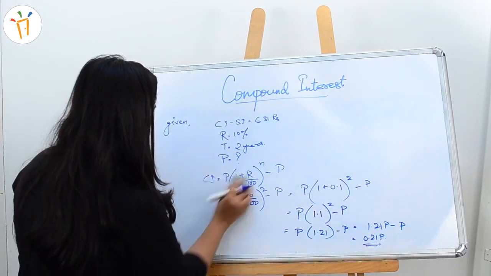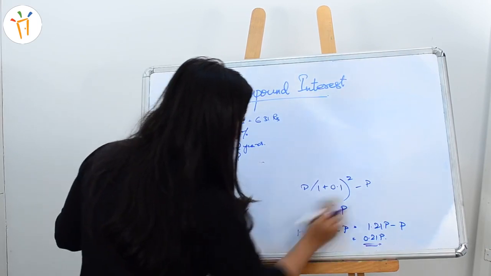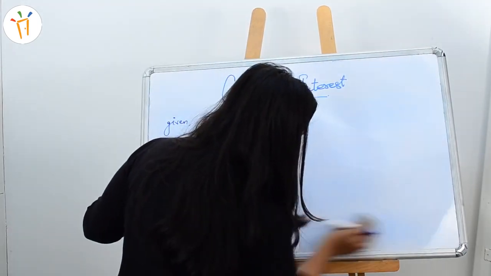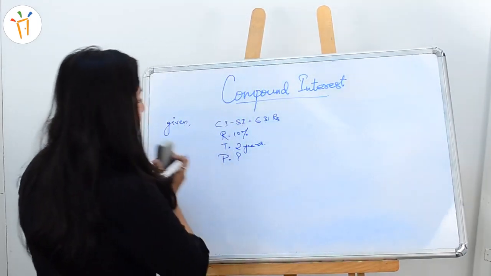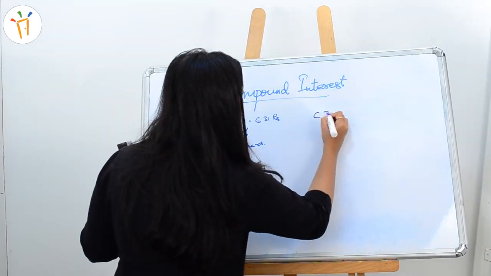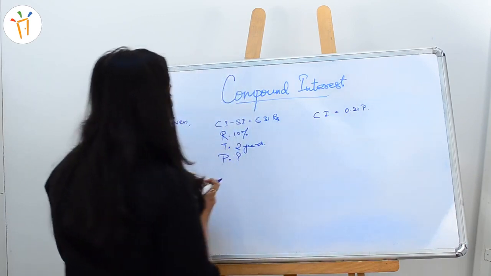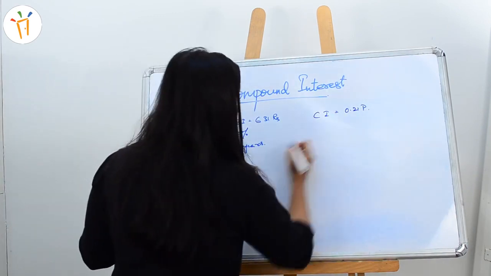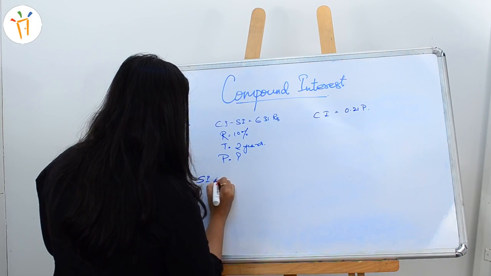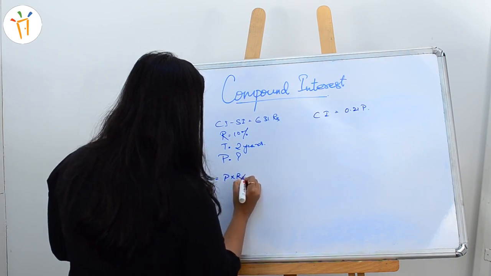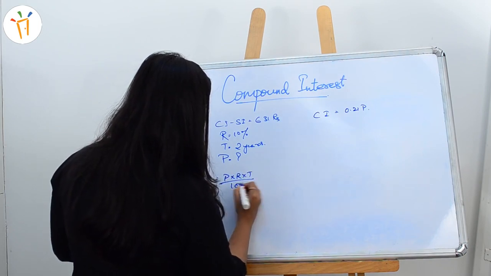So the CI that we get is 0.21P. Let's put it somewhere. Let's put it here. So CI that we receive is 0.21P. Now let's see what the SI is. So SI will be P into R into T by 100.